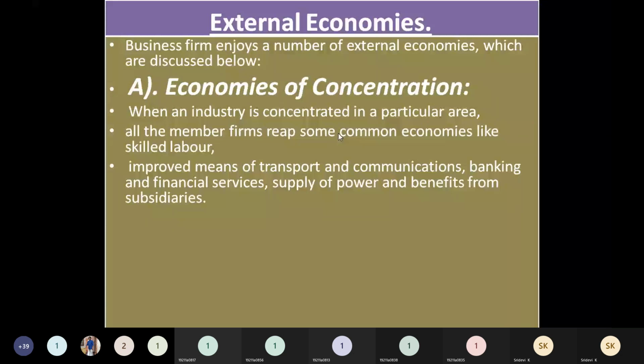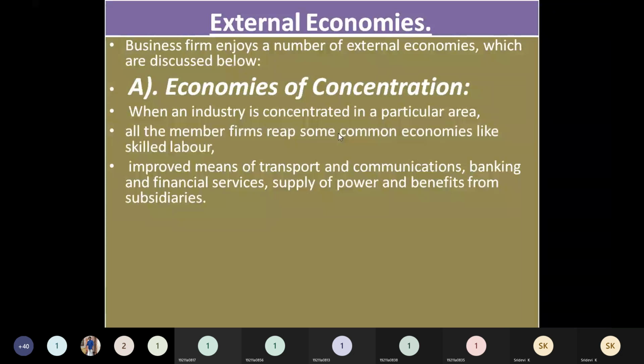That advantage will be there for a company which concentrates in the same area where related companies exist. You can have a supply of power, and banking facilities will be there, so even financial services will be provided by the bankers.